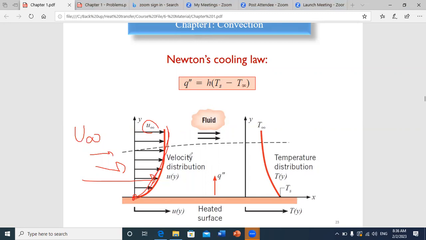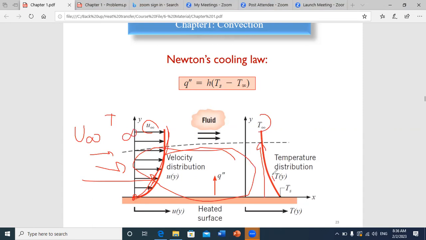But as we discussed, what is happening here is really complex, and we will not tackle it in this course. You just need to know that you will have creation of a zone of variable velocity and a zone of varying temperature, and you can reach T infinity, which is the temperature of your bulk flow far away from the surface.